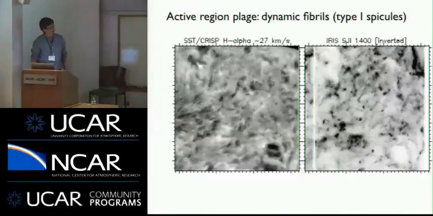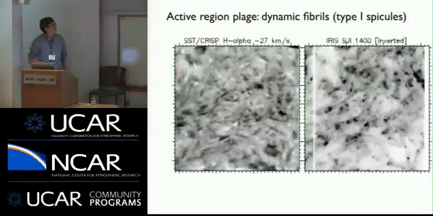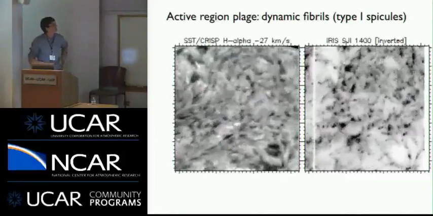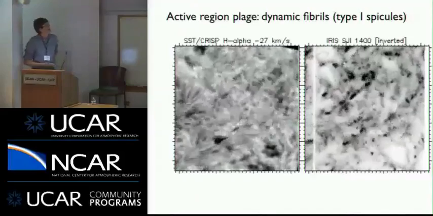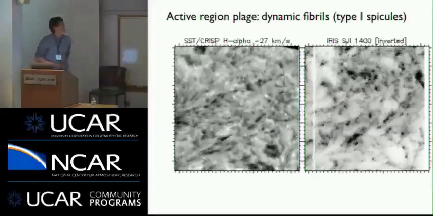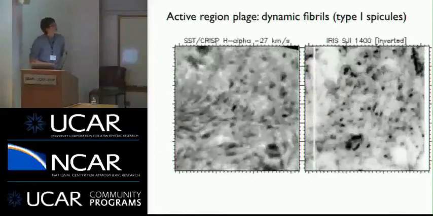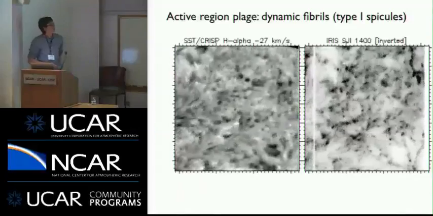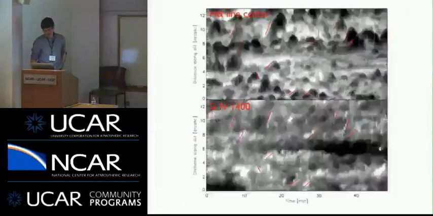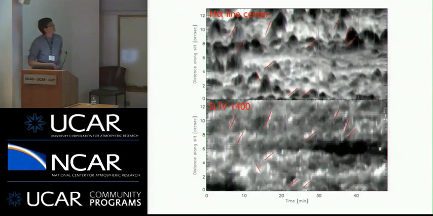This is clearer when we look into the blue wing of H-alpha, so we only see the upward phase of the dynamic fibril. Then we compare to the inverted images, and now we can trace what is black here with what is black there, and this becomes a bit clearer when we look at these XT plots.